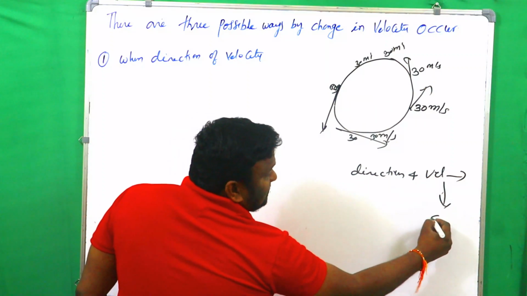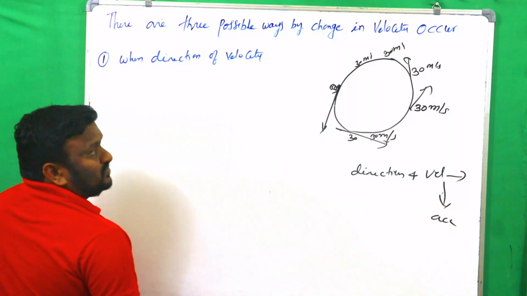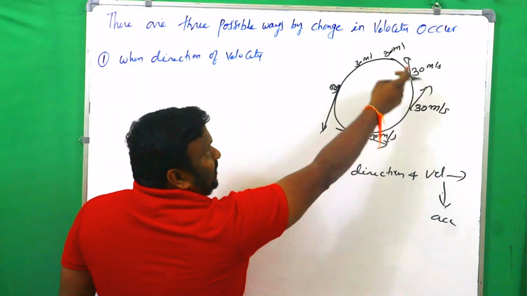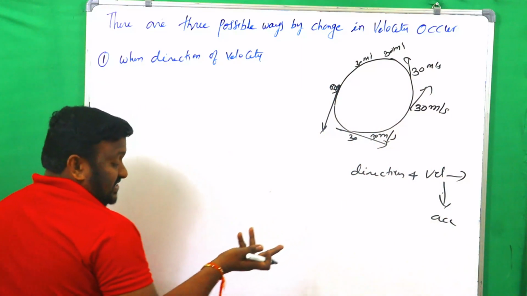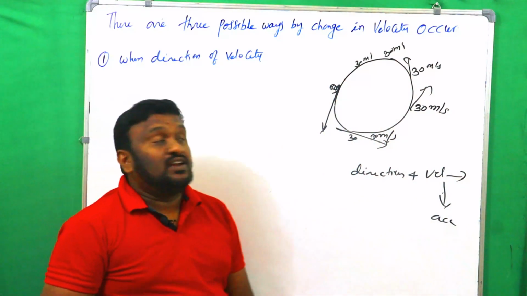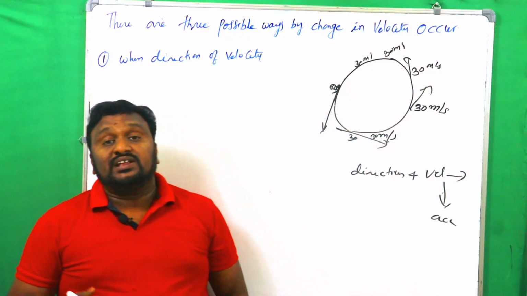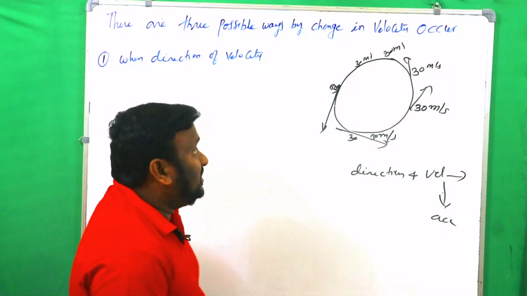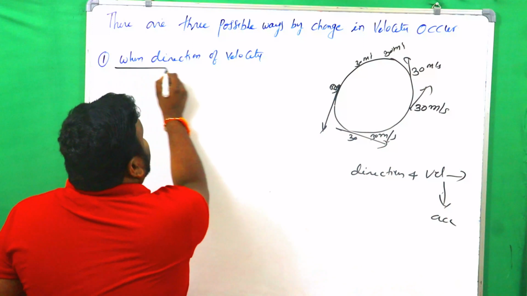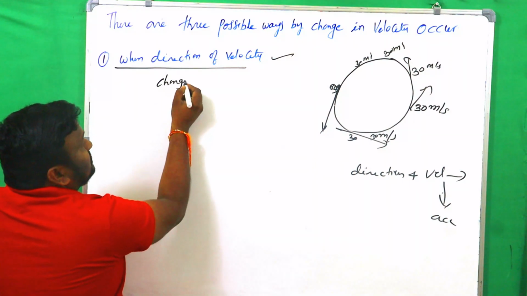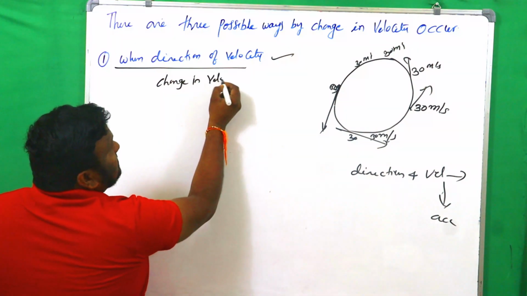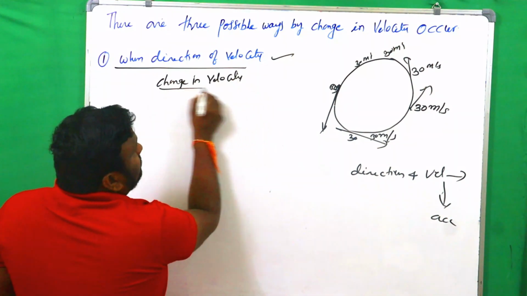When velocity changes, acceleration is possible. Clear? Even though the magnitude of velocity is the same along the circular path, its direction changes. If you draw a tangent line on the circular path, that gives the direction of velocity. That's why when the direction of velocity changes, change in velocity takes place.